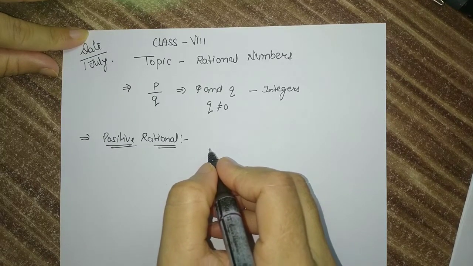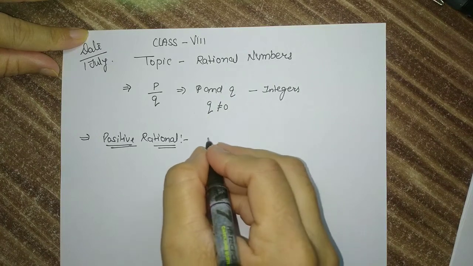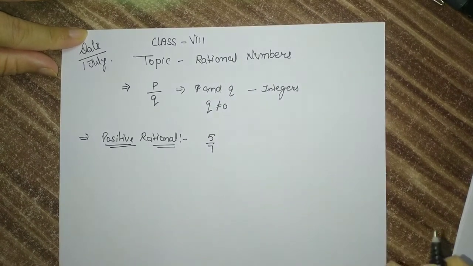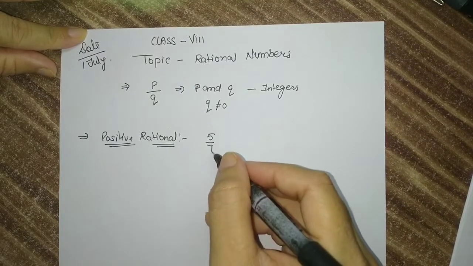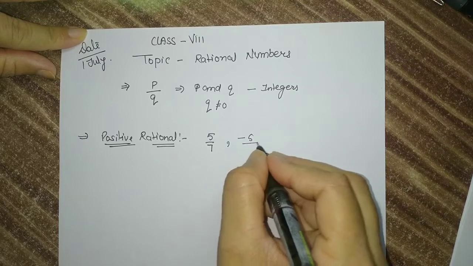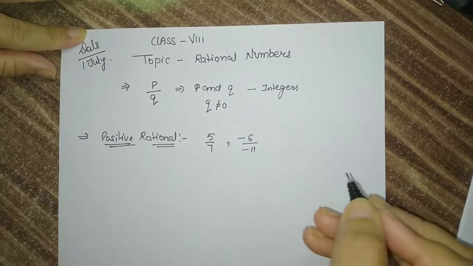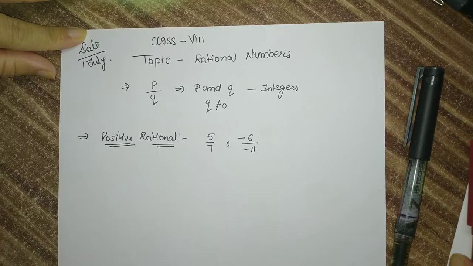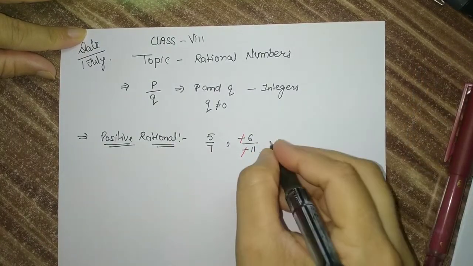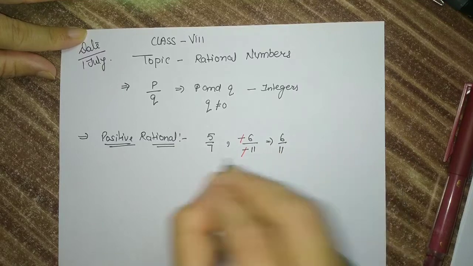That is said to be a positive rational number. For example, 5 by 7. 5 by 7 is a positive rational number. Why? Here 5 and 7 are both positive integers. Then another, minus 6 by minus 11. This one is also positive. How? If we cancel minus with minus, it becomes 6 by 11 only, and that is positive.